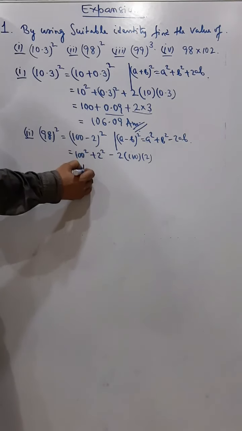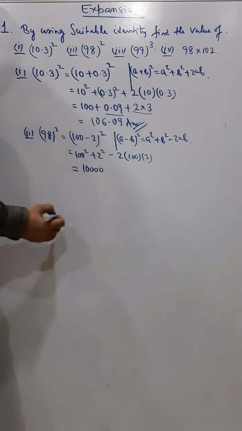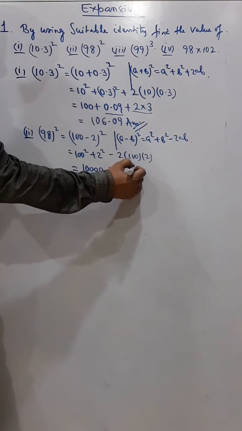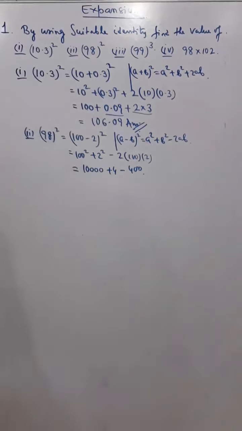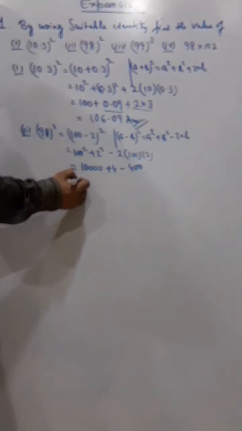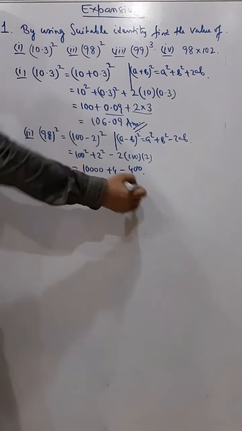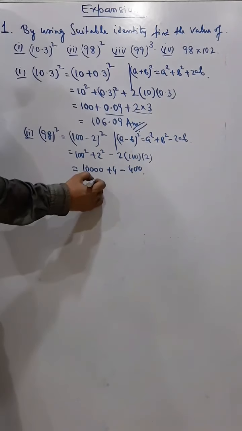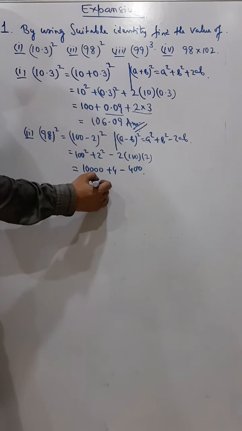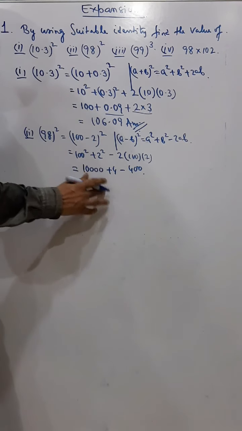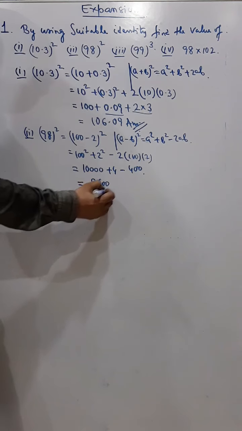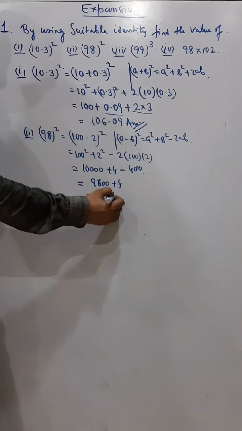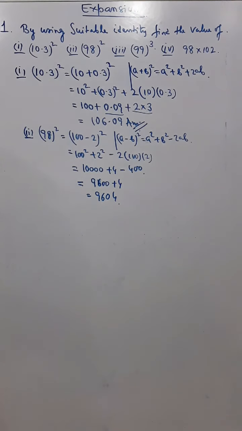So we got 10,000 plus 4, and finally we can say it is 10,000 minus 400, we get 9,600, right? And plus 4, so we can say 9604.